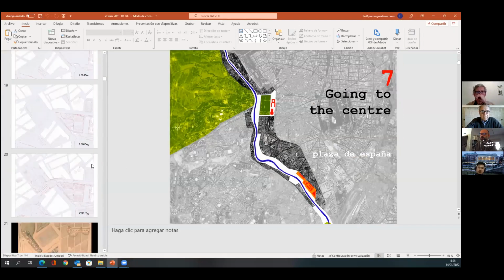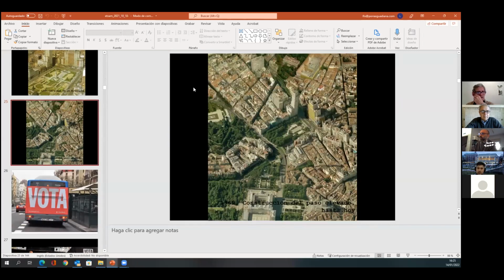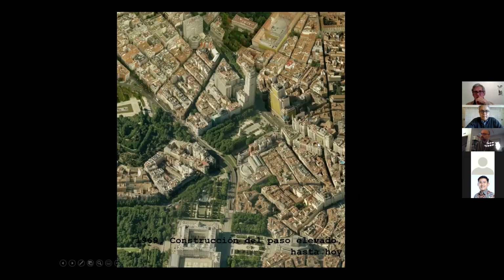Okay, I'm going back to where we were. So here is the Gran Vía, where 60,000 cars were entering the city, and so there are no more cars doing this. So this gave us the opportunity to link both these green areas with the main square. So the decision of the global city made a very big impact in this part of the city.